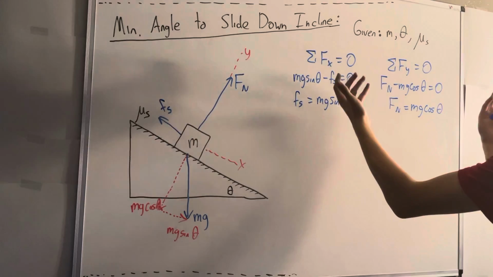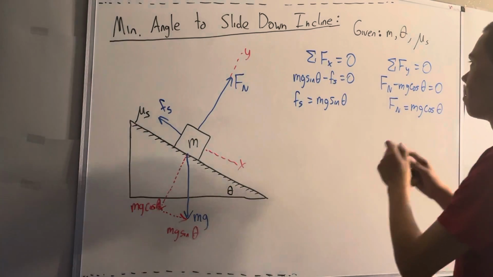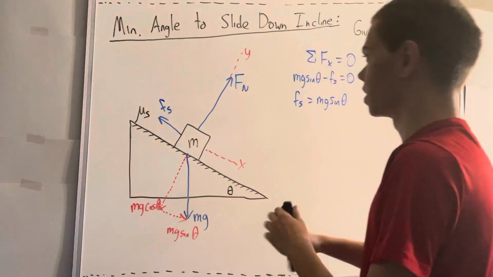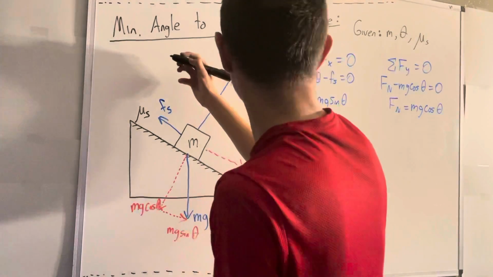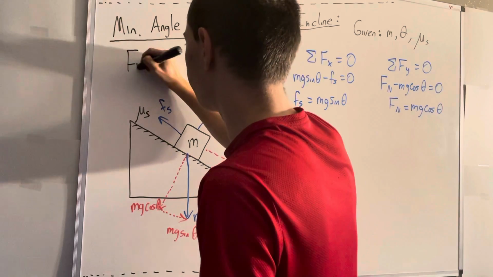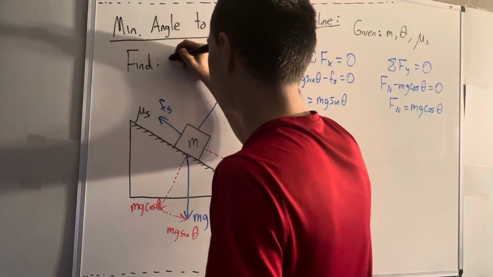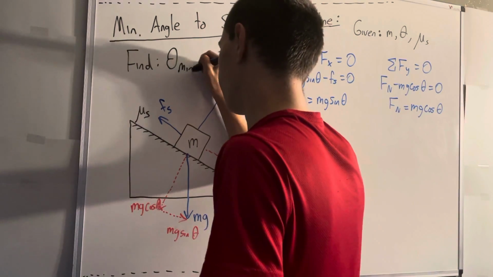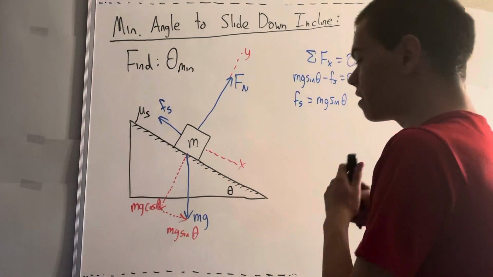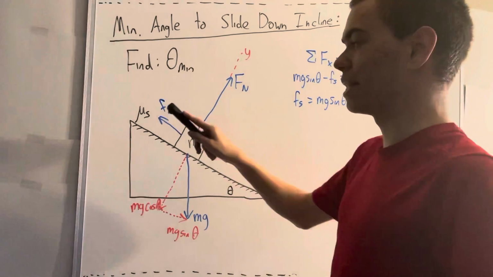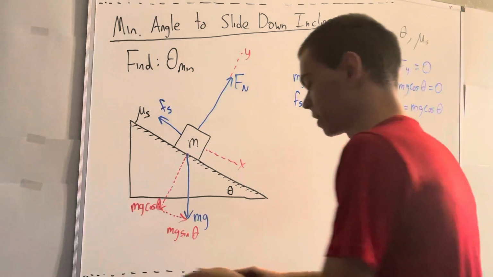Now remember, what equation do we use? What are we supposed to do? Well, remember, our goal is to find the minimum angle, all right? So I'm going to write what we have to find right here. We want to find the minimum angle required to slide down the incline. So we're going to find theta min. Now, theta min, the minimum angle, is dictated by the maximum static frictional force.